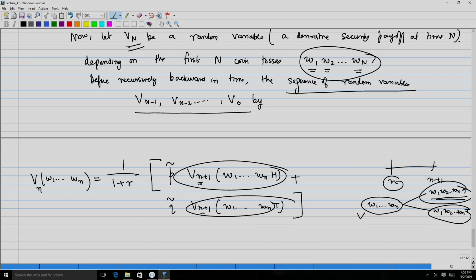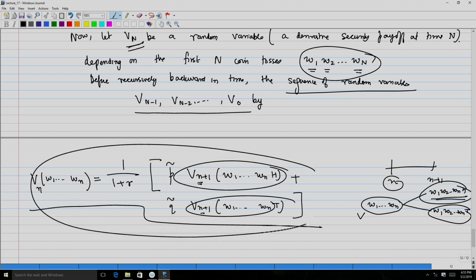So, only V N can be calculated by looking at the final possible values of the asset price and the consequent payoff, and all subsequent intermediate values all the way up to the initial value of the derivative, or in particular if you want to view it as an option, can be figured out by making use of this recursive relation.